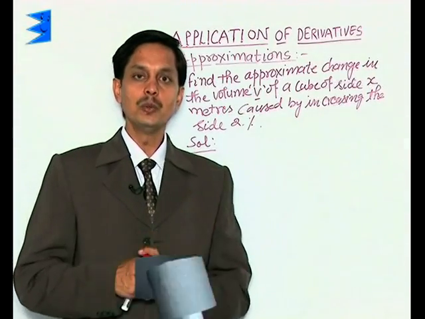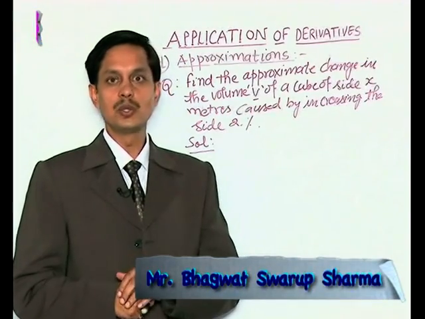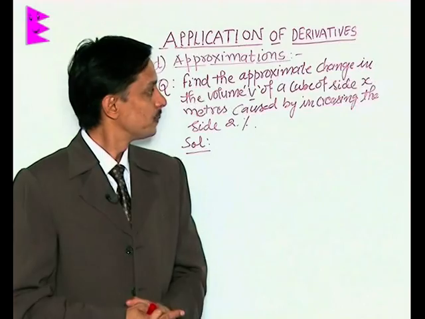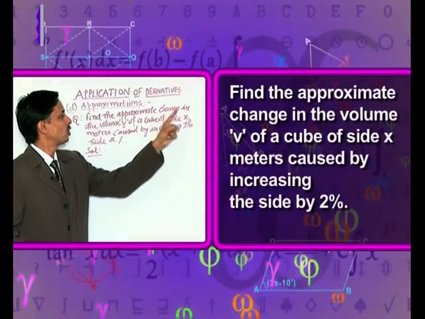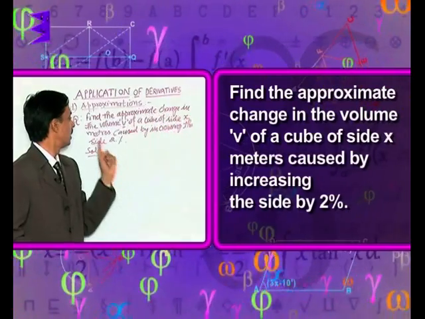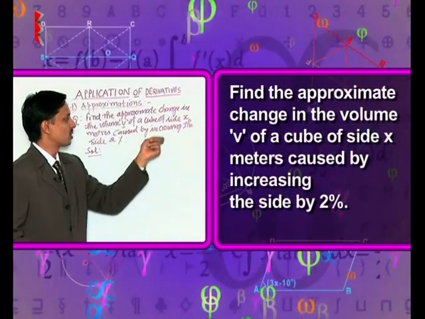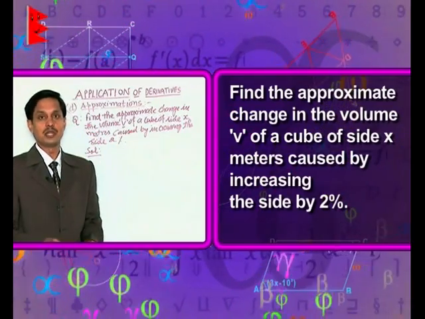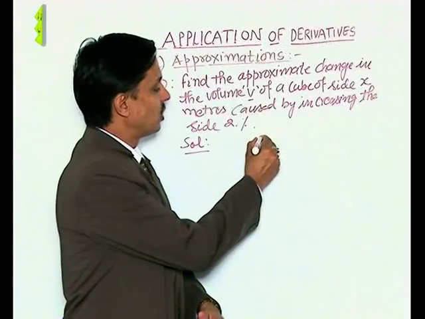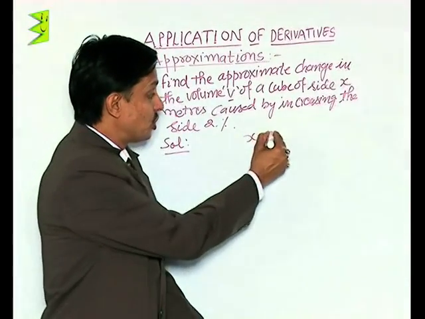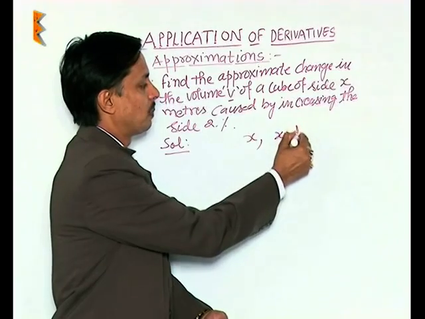Now, I explain to you how we can use approximation to solve some word problems. Find the approximate change in the volume V of a cube of side x meter caused by an increase in its side by 2%. Suppose the initial length of the side is x. Its changed side is x plus dx.